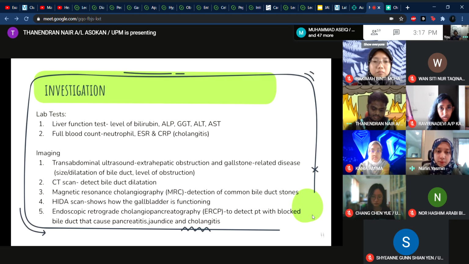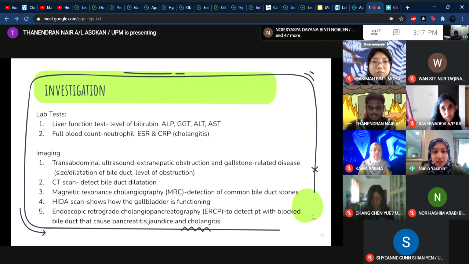For post-hepatic jaundice, because it's usually obstructive jaundice, meaning there is obstruction in the bile duct, usually the ALP will increase greater compared to the ALT and AST. And if ALP and GGT increase, it points more to bile duct obstruction and gallbladder inflammation.